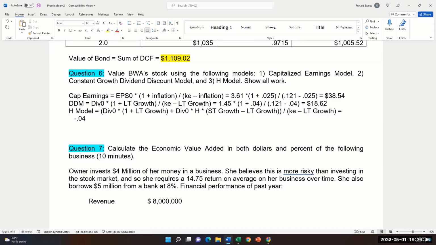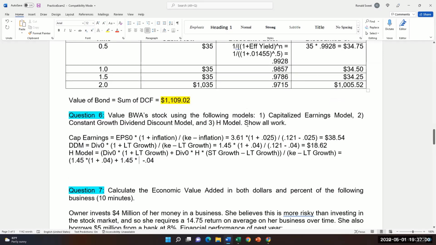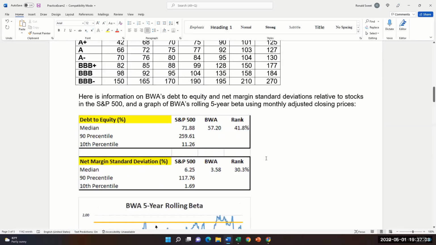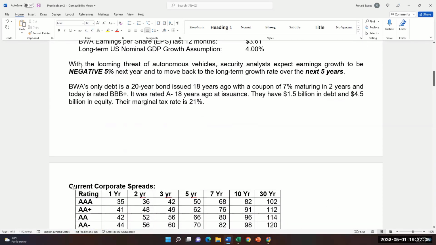And so here we have 1.45 times 1 plus 0.04 plus 1.45 times, let's get our H and our short-term growth and we're done. So earnings growth would be negative 5%. There's our short-term growth. Over the next 5 years, H is one of that.